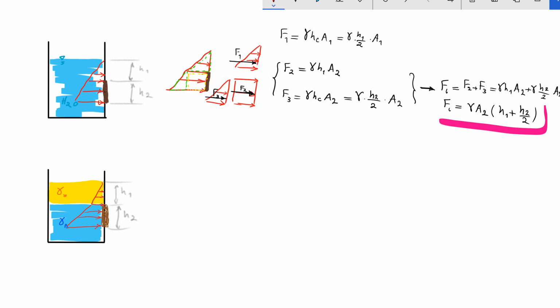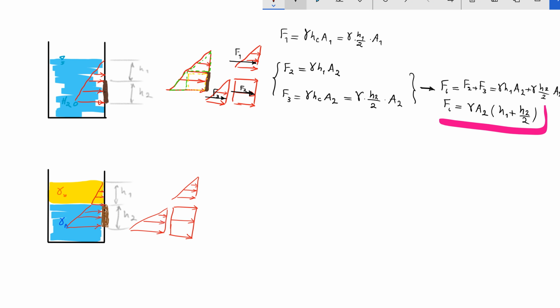So let me draw these pressures as separate pieces. This is the top part, a uniform section, and a prism shape.